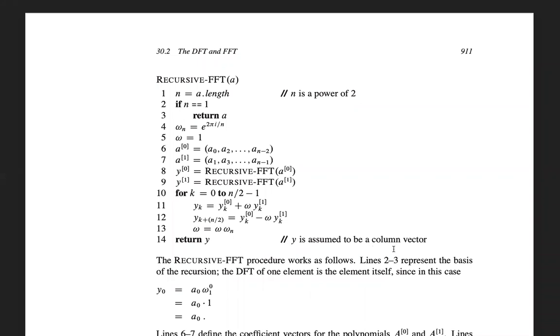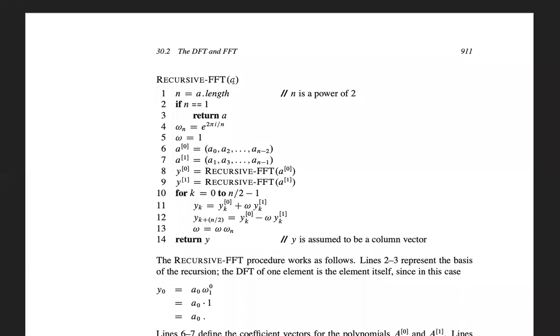Let me give you a couple of minutes to think about it. So in short, what is this recursive FFT giving?